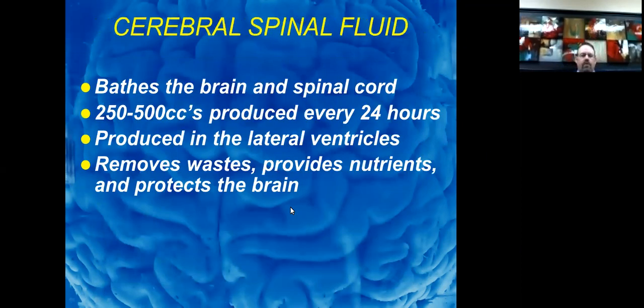Cerebral spinal fluid, of course, bathes the brain and the spinal cord. 250 to 500 cc's are produced every 24 hours. It's produced in the lateral ventricles of the brain. It removes waste, provides nutrients, and protects the brain. It actually allows it to float in there a little bit.